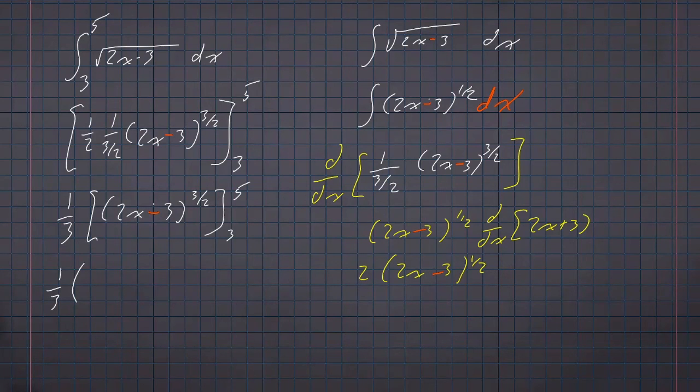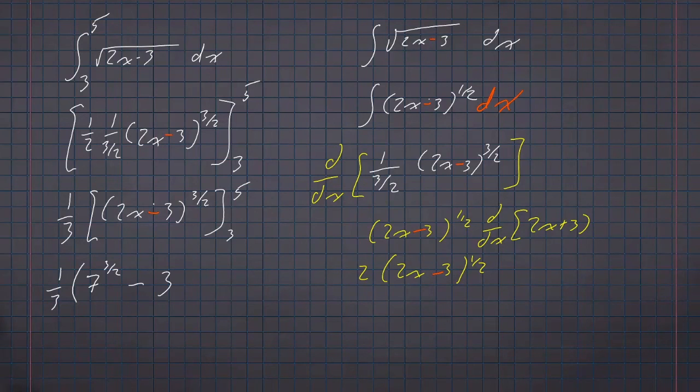All right. So now we're evaluating 2x minus 3 to the 3/2 power. 2 times 5 is 10. 10 minus 3 is 7. So we're looking at 7 to the 3/2 power. And 2 times 3 is 6. 6 minus 3 is 3.